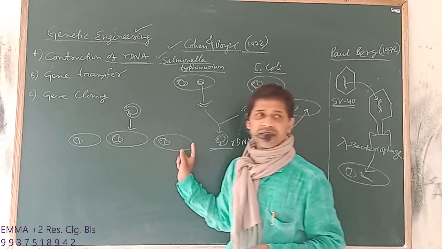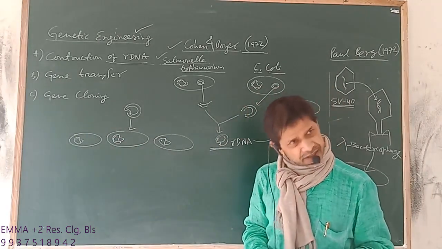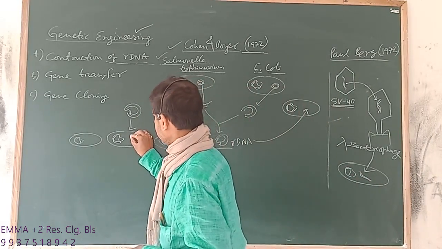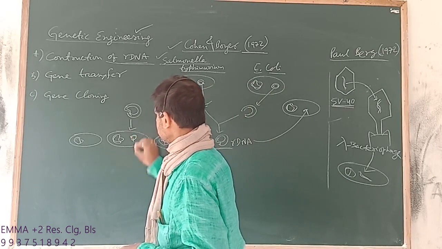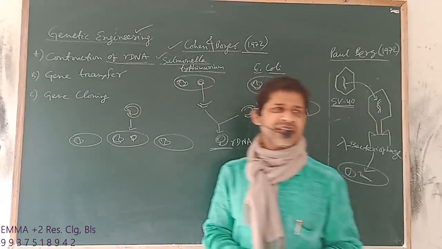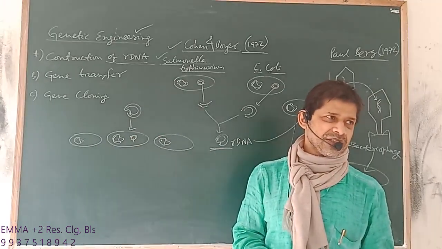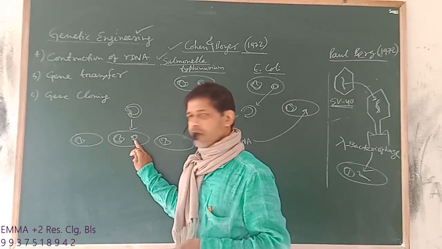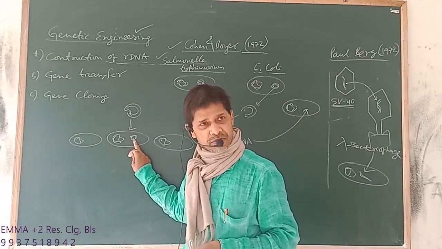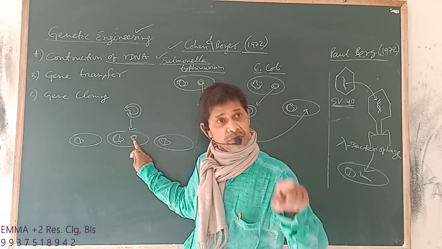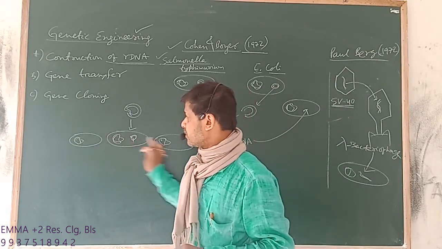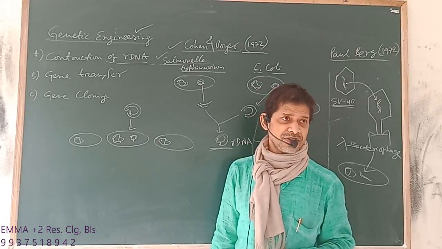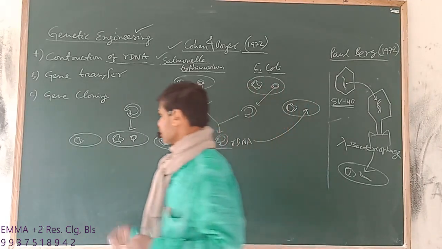Suppose these are bacterial cells. By heat-shock treatment, we introduce the recombinant DNA, and interestingly, we don't know which cell has the recombinant DNA. So the cell having recombinant DNA is called a transformant. We can say it recombinant, and those not getting any rDNA are called non-transformants.